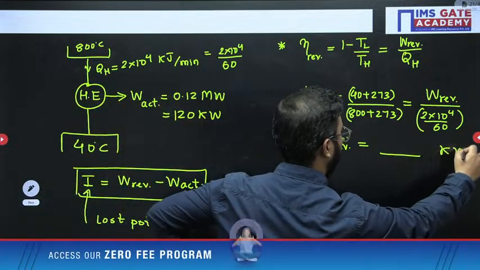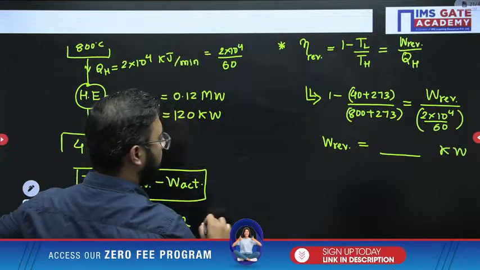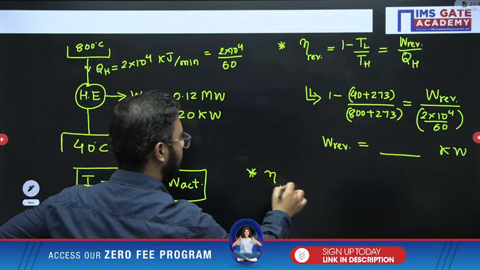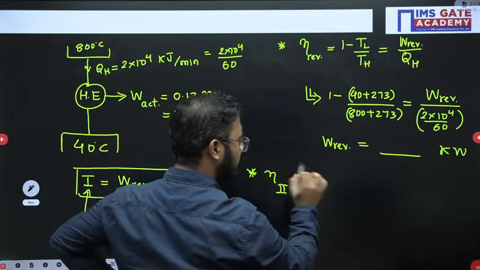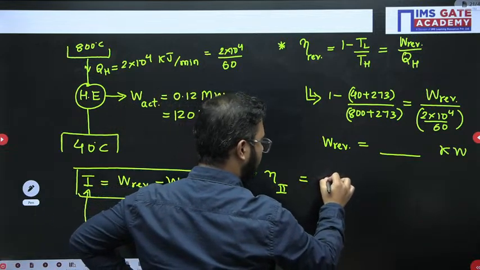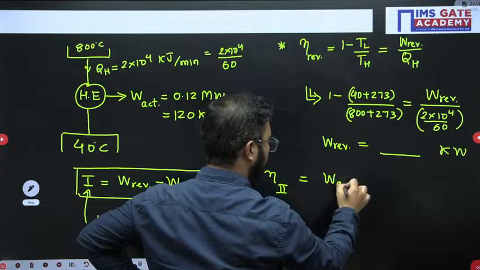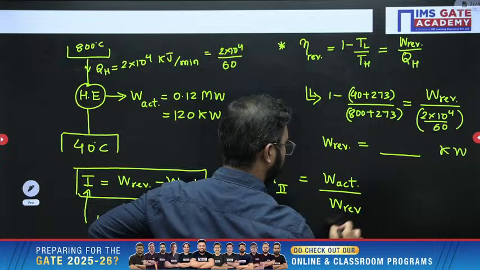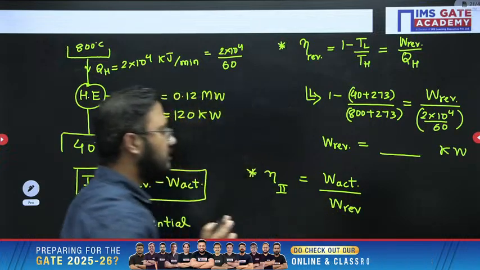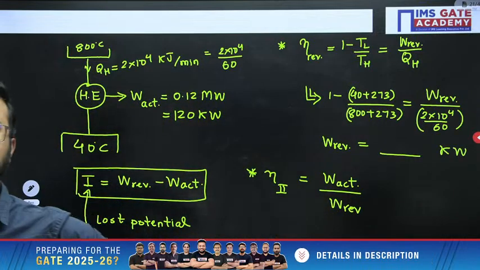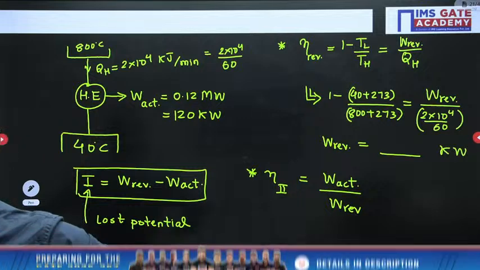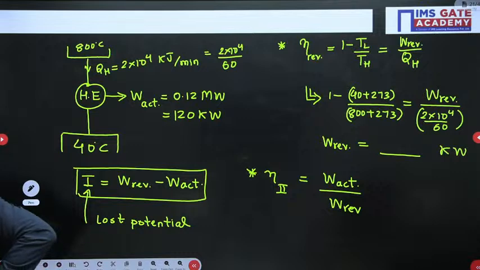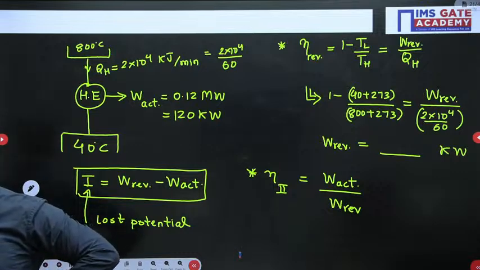In terms of kilowatt, and then the irreversibility formula we will be using, and second law efficiency is nothing but a very simple point: actual work divided by the reversible work. From here you will get the second law efficiency very easily. Tell me the answer of second law efficiency from here. You should remember the formula very easily.